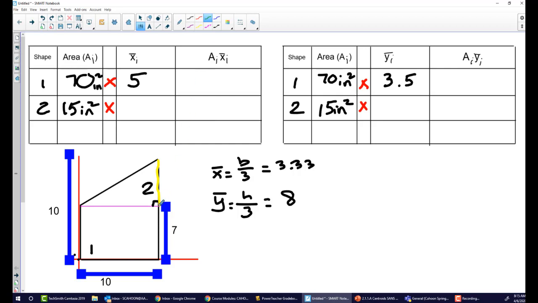It's the distance from the vertex of the right angle. So for x, we'd have to go 3.3 in towards the shape. Okay, so that's about where our centroid is on the x-axis for that shape. And then our y, so remember we're going 1 in to the shape.